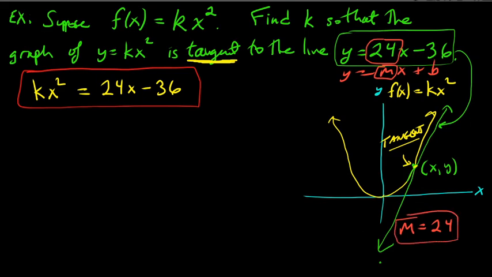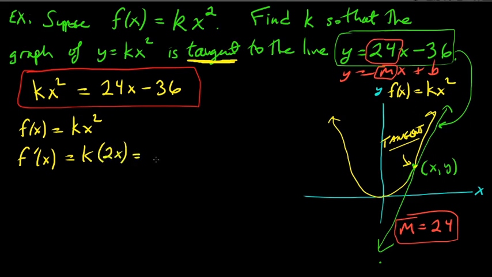So now what's the derivative of the parabola? Well, that you can do. K is a constant, and the derivative of x squared is 2x. And k times 2 is also 2 times k, so 2kx. So that's the derivative of the parabola at any x.